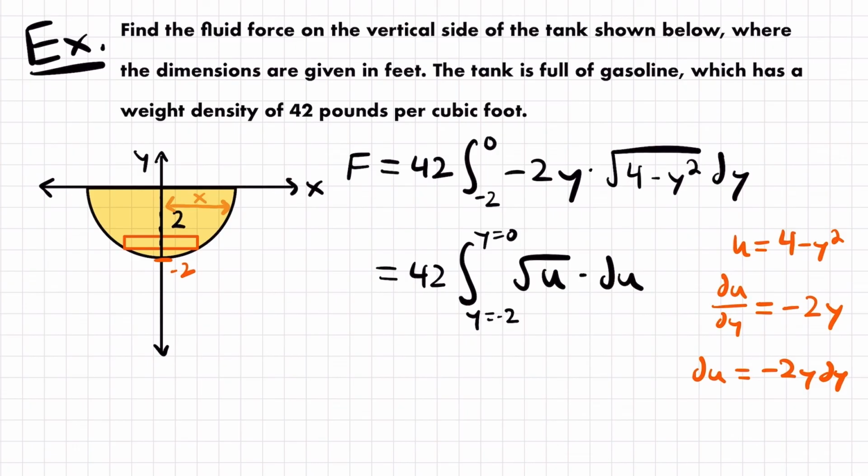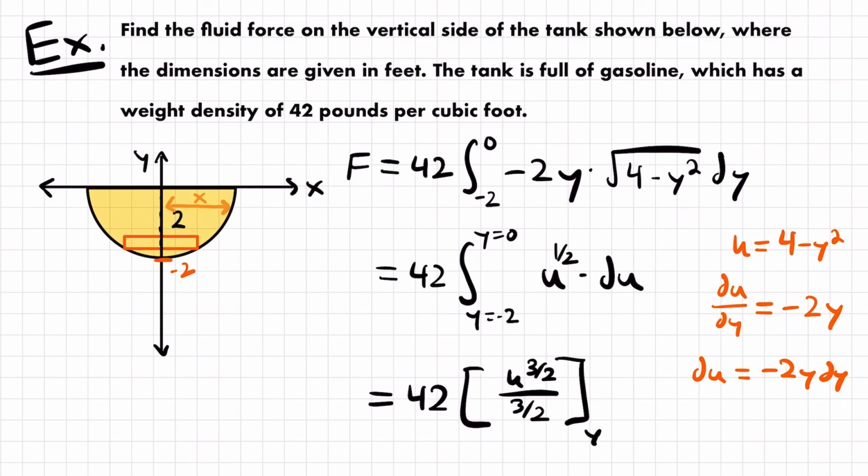All right, and so now we can integrate the square root of u. Just remember that we can rewrite that to be u to the 1/2 power, and then we can use the power rule of integration. And so we'll add 1 to that exponent and divide by the new exponent. And so this will be equal to 42 times u to the 3/2 power divided by 3/2 evaluated from y equals negative 2 to y equals 0.